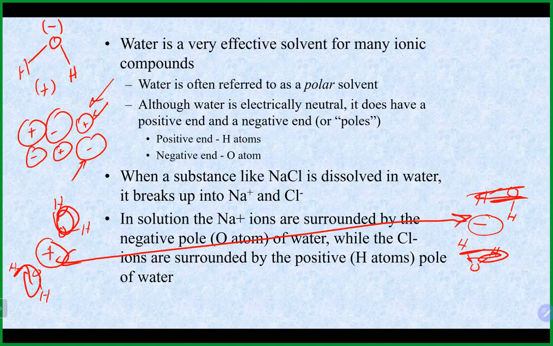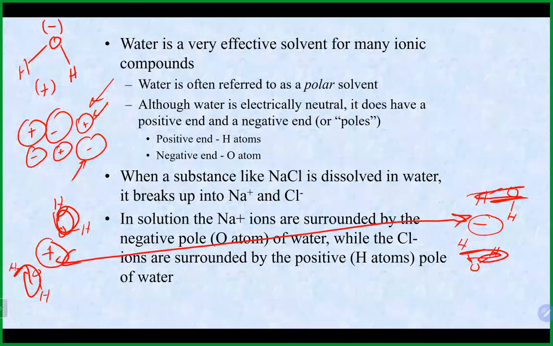So water works really well with ionic compounds because of the simple interaction of positive and negative sides. So the positive side of one is attracted to the negative side of the other. Because water really has a positive and a negative side, it works really well as a solvent for ionic compounds, because there are positive ions and negative ions, so it interacts really well with them.